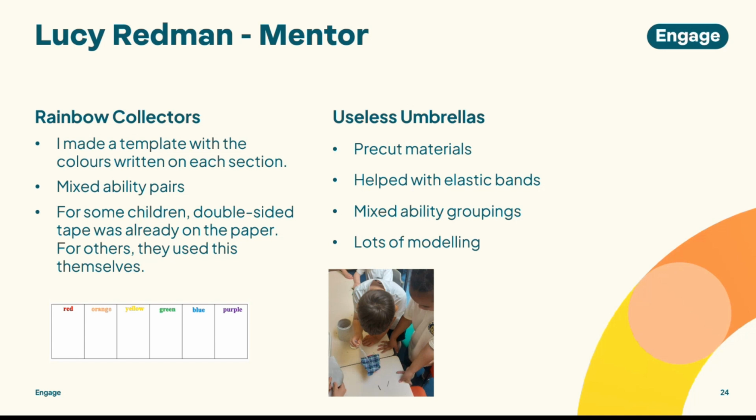And then also lots of modelling, and this is just good teaching: the children need to be shown how to use a pipette, how to put the drop onto the water, how to observe what happens on the material. And they need lots of practice. So they may need to practise putting drops of water onto the table first, so they're really practising those fine motor skills before they start with the materials.